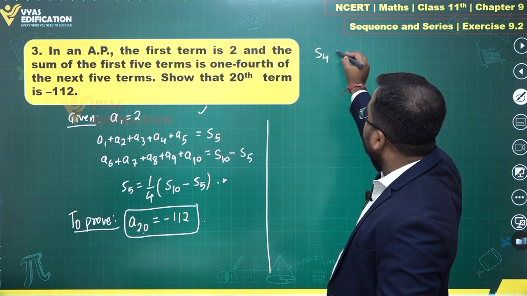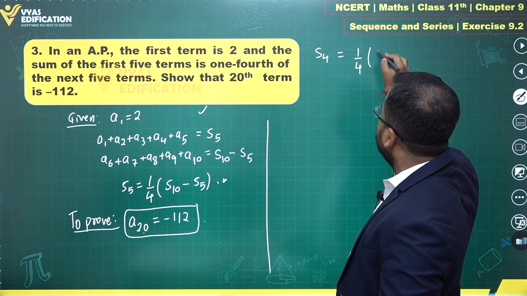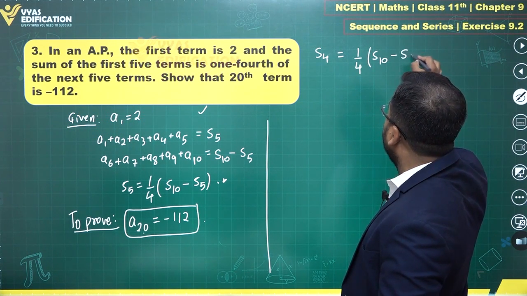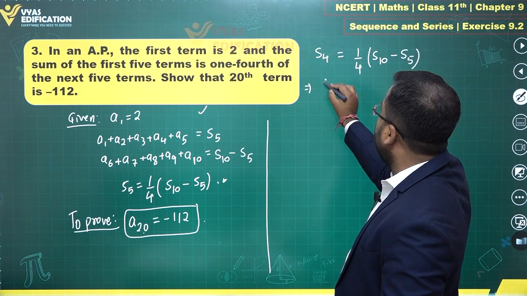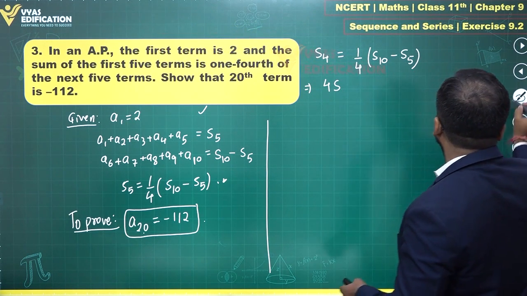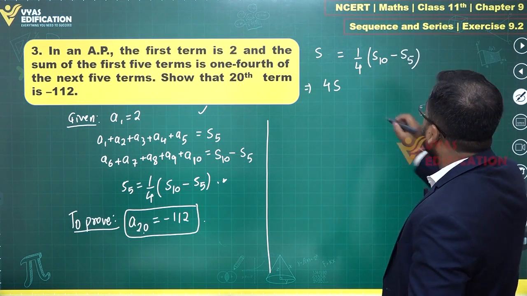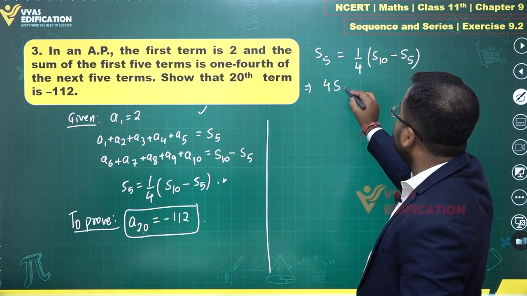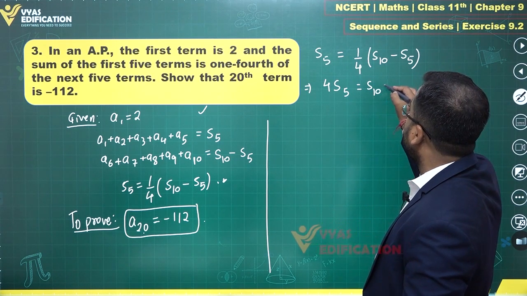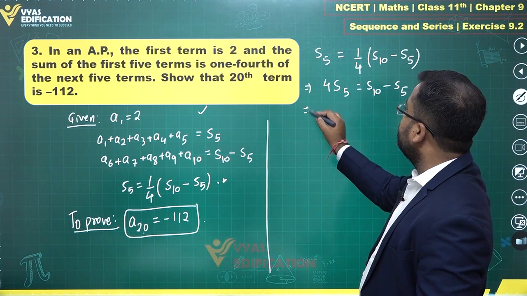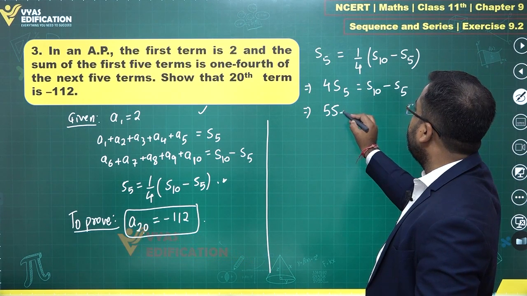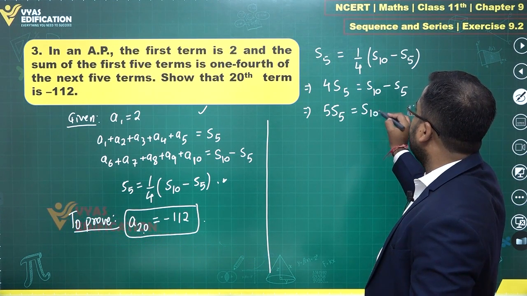S5 is equal to 1/4 times S10 minus S5, and that tells me, okay, just a minute, this is S5, not S4. 4 times S5 is equal to S10 minus S5. That tells me 5 S5 is equal to S10.